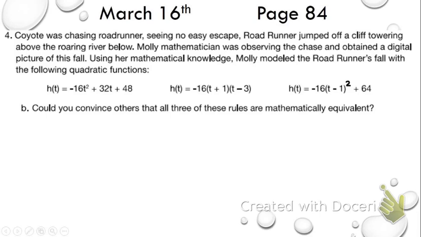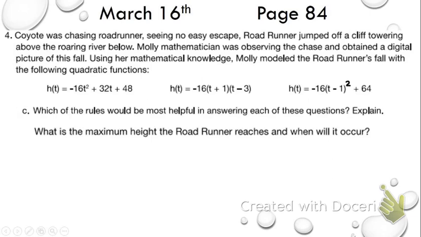Could you convince others that all 3 of these rules are mathematically equivalent? Yes. Put them all into the same form. If you didn't do that already, that's where your practice needs to be. Because I guarantee you, I will ask a question, are these parabolas the same? And they're not going to look the same. Which rule would you use for the maximum height?